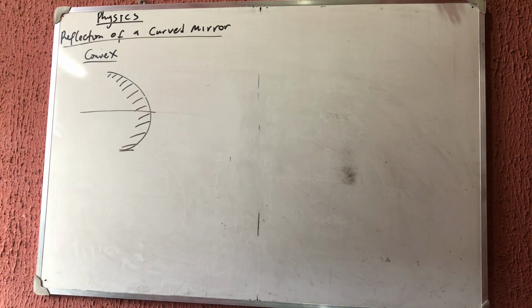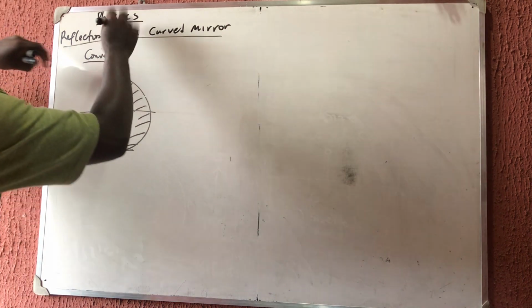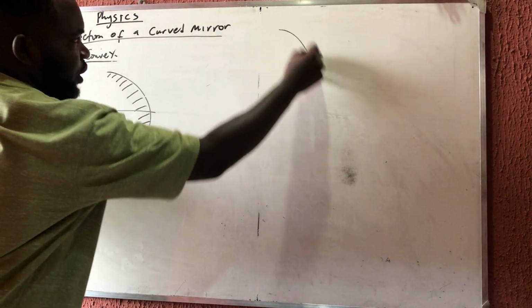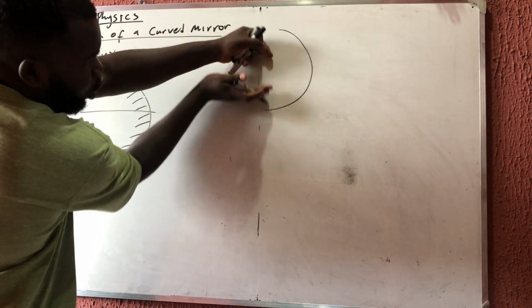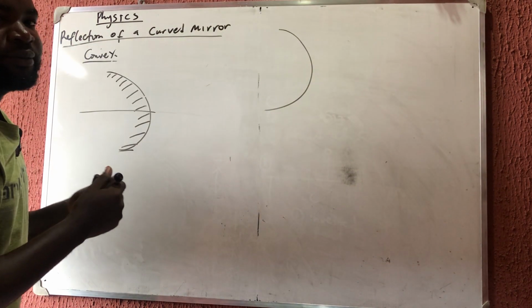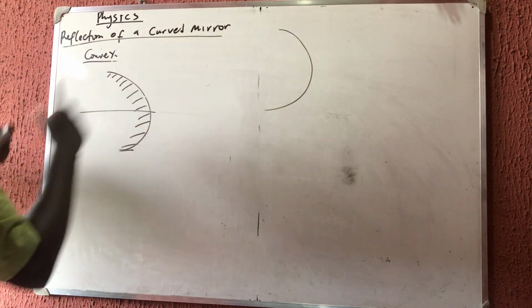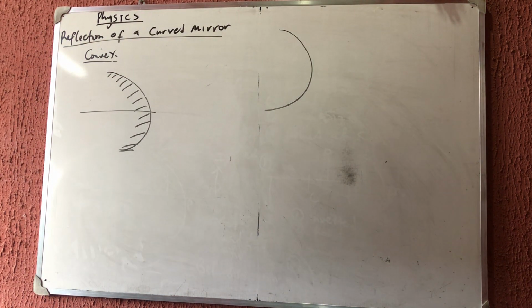If the reflection is outside, what happens? It is diverging. It scatters. Look at it. Everybody goes. They cannot come to the same place. But look at a concave. In a concave, the reflection is inside, so they are coming together. They are converging. But for convex, they are diverging. You see, they are scattering.